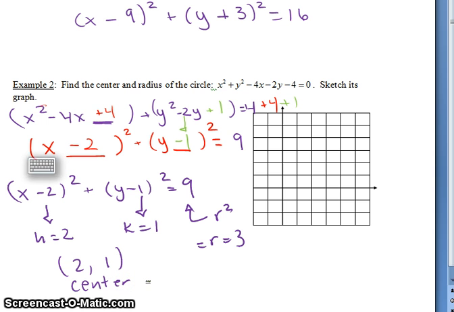Okay, so the center is 2, 1, so we can graph that point. So 2, 1, and the radius is 3, so I'm going to go right 3, up 3, left 3, and down 3, all from the center. And then what you do is you do the best you can to make a little circle.